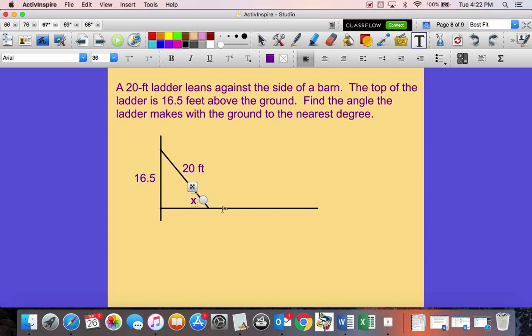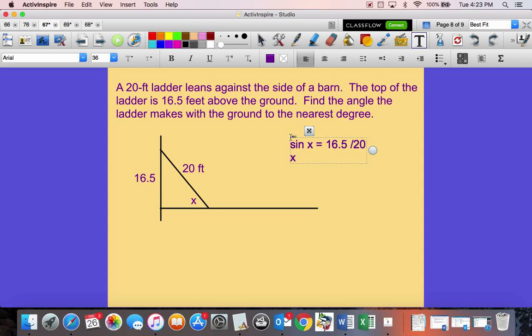So if we start with x, we are given an opposite side and a hypotenuse, which means opposite and hypotenuse would be dealing with sine. So we've got sine x equals 16.5 divided by 20.